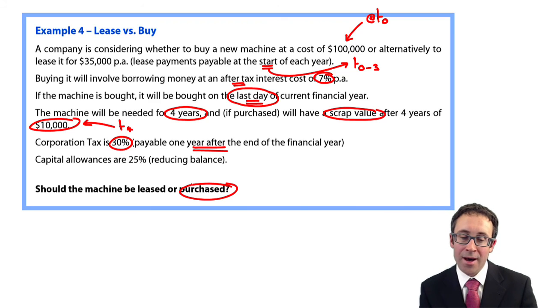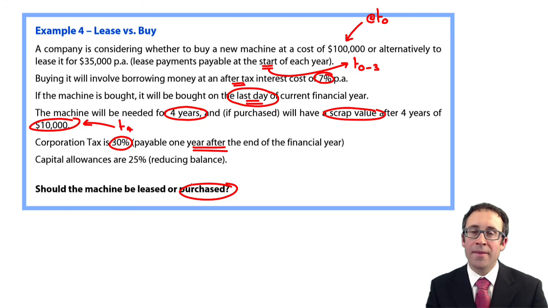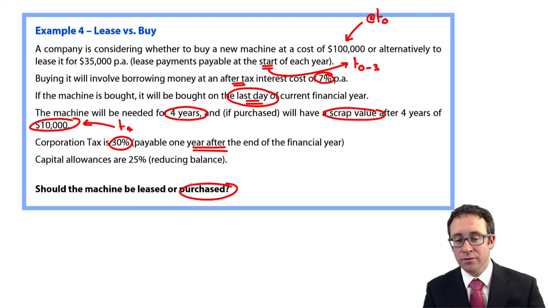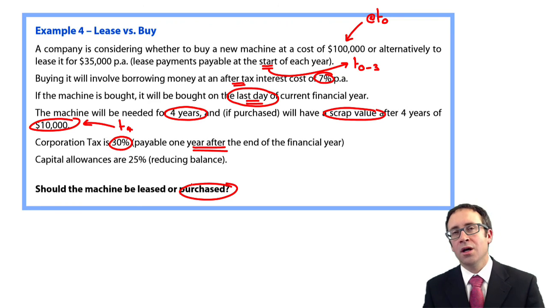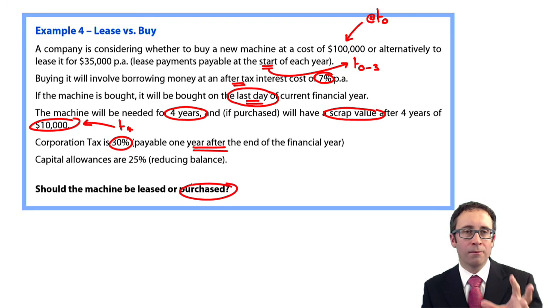That may impact things. Will the capital allowances still be allowed to be claimed? Might there be different tax treatment depending upon the country in terms of the lease? I think we treated it as a simple operating lease. What if it was a finance lease with different treatment to adjust for? So it's not just purely down to the numbers.